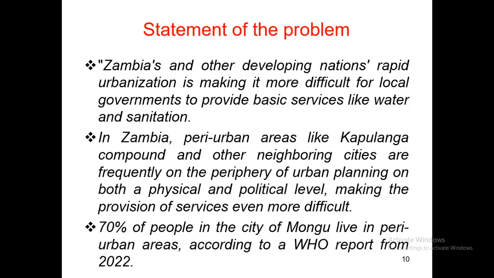So it's not easy to provide certain services in a country like Zambia, especially in areas with so much urbanization like Kaplanga, because a lot of local people come into that area to do activities such as business, when they come out of the plane with fish, with rice, and that's the place they normally go to.